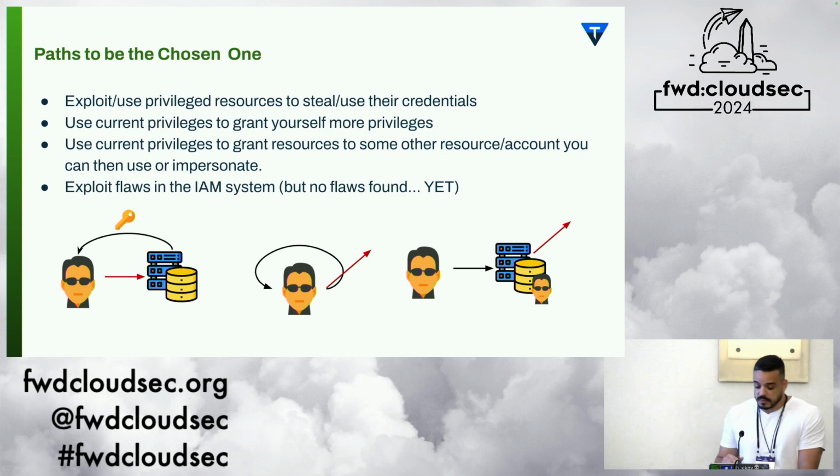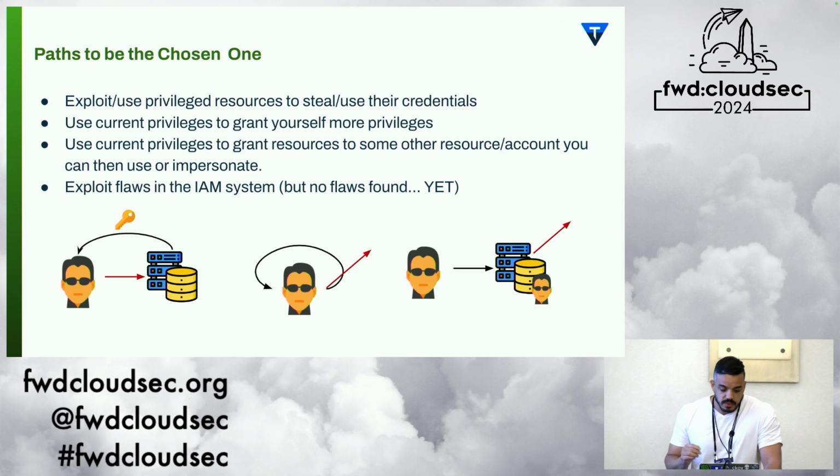There are actually four ways to get privilege escalation on Oracle and every cloud provider as well. The first one is to exploit a privileged resource, steal or use its credentials somehow. The other two are basically, with the privileges you already have, granting yourself more privileges.